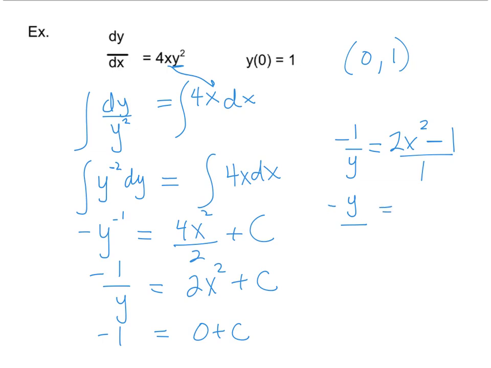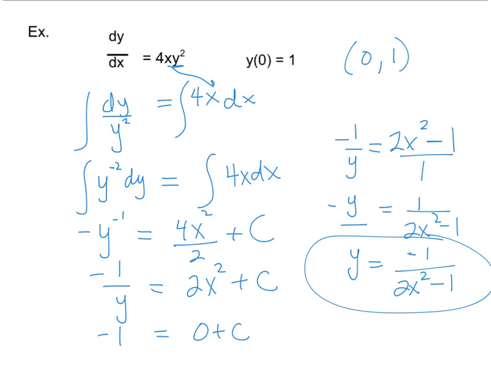So negative y equals 1 over 2x squared minus 1, so y is negative 1 over 2x squared minus 1. And that's my original function. That's a particular solution to this differential equation, using this initial value to obtain it. On a slope field, that would just be one graph, the one that went through the point 0, 1.